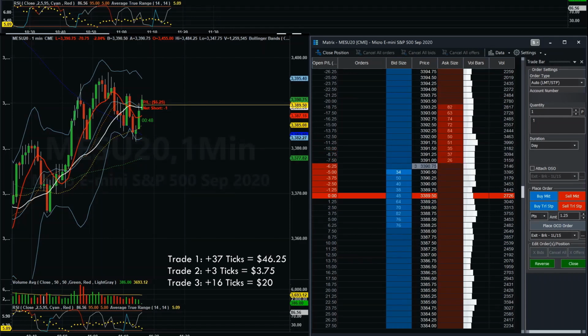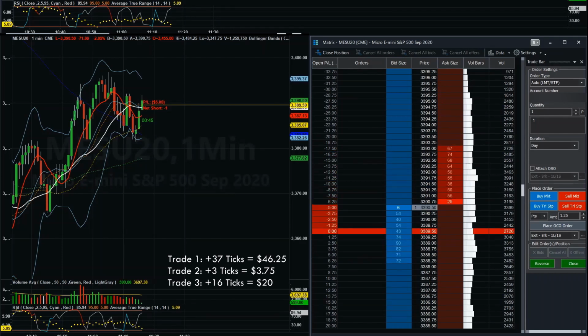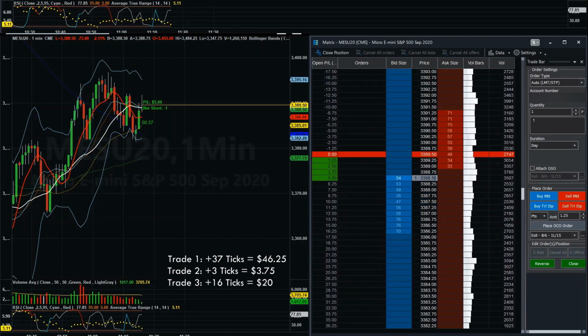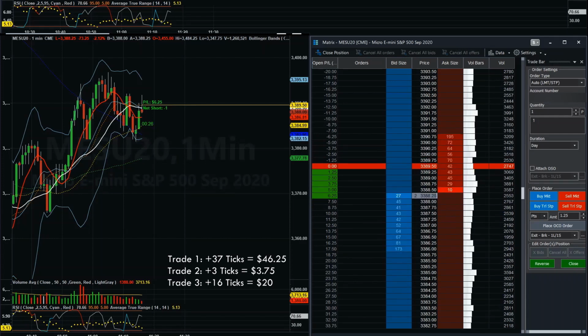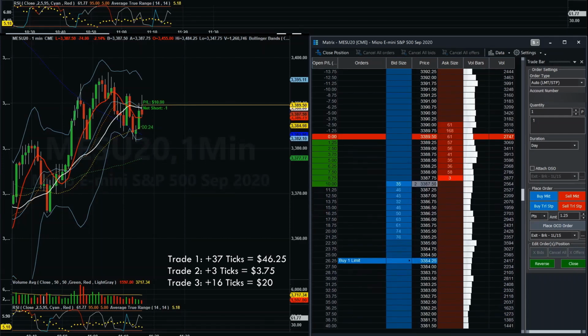Okay, that's max there, shouldn't go up more. And then the big impulse in my favor. We're trying to catch all the peaks and valleys. And it works fine.